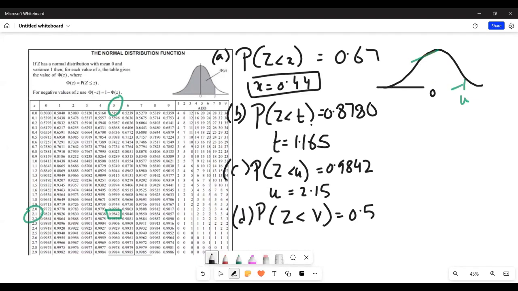So you don't even have to use the table for this one. This is that probability. So V must be 0. We already know that because in the middle, the value is 0. Or even if you read from here, where's the probability 0.5? Right here. So that's 0.00, which is just 0. So V equals 0.